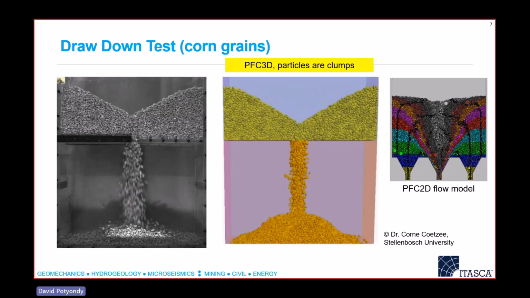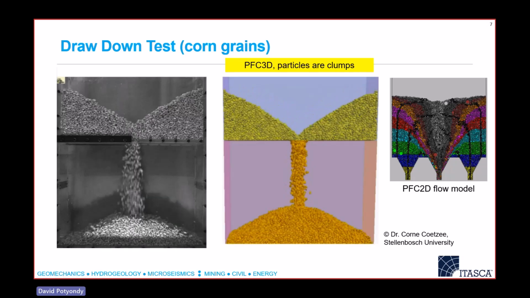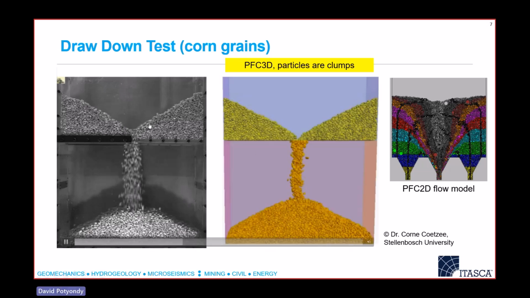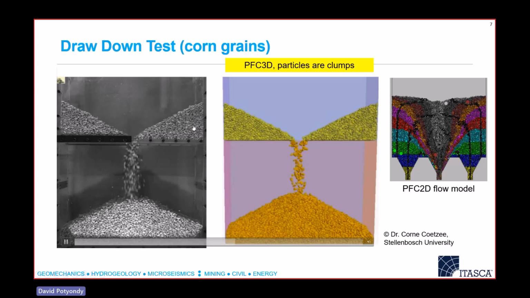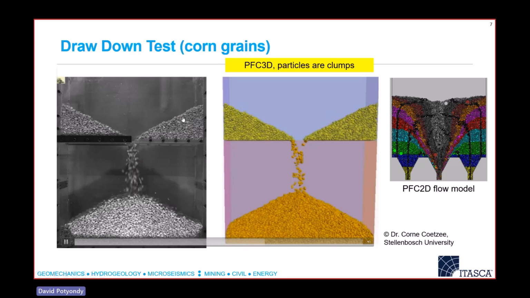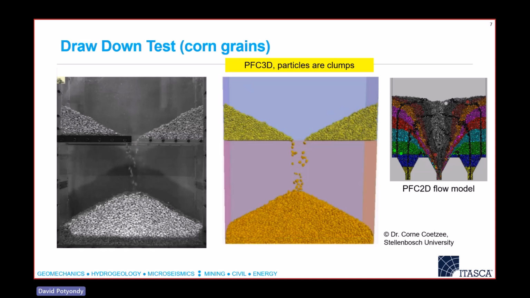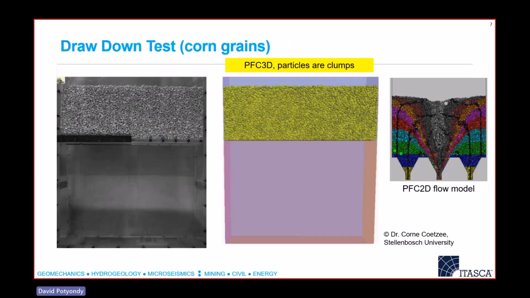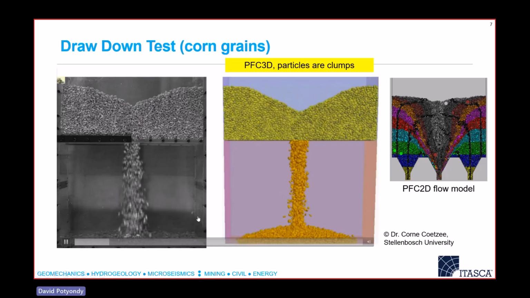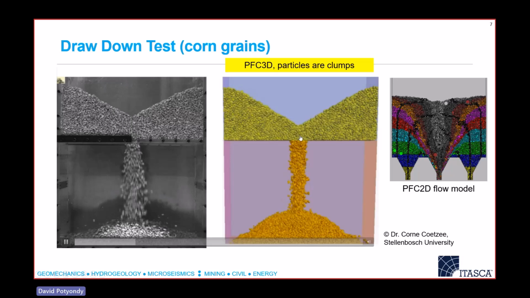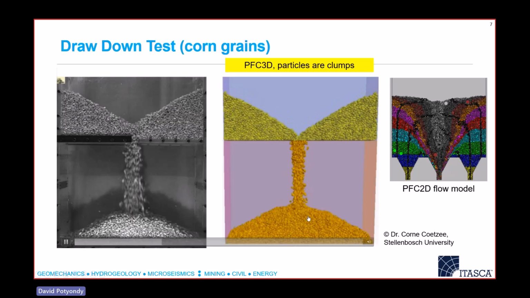On the left is dry corn kernels, with plexiglass in the front. He has an initial assembly, and then he removes a wall and watches the flow behavior as this stuff falls. On the right is his PFC 3D model with these clumps. Just show it again, it's pretty interesting. You can see the mobilized region here, and you can see the flow as it builds up on the bottom.